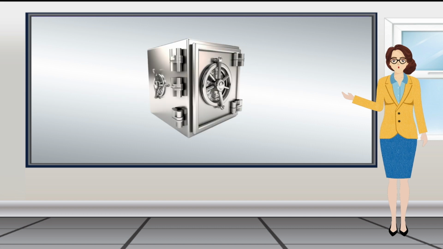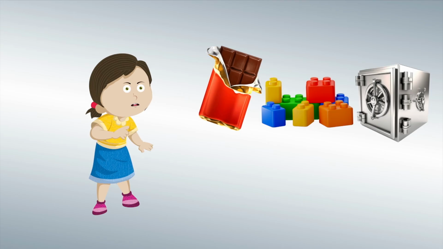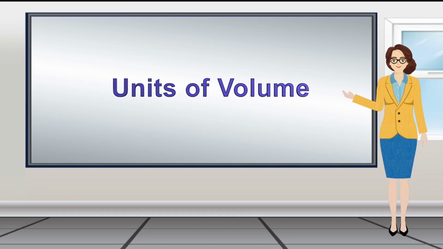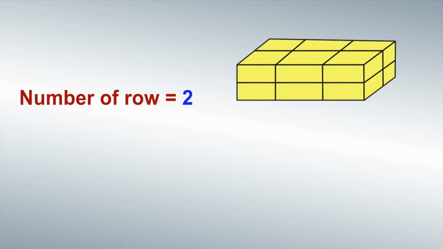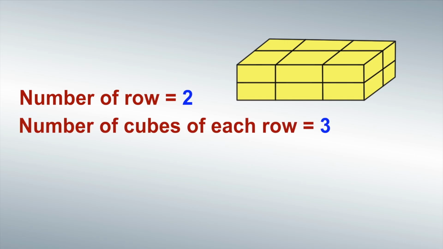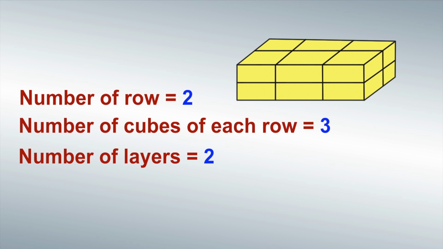And what about those sturdy old iron lockers? Their volume is measured in cubic meters or m cube. It's amazing how the units change depending on the scale of the object. Indeed, Bhumi. Now let's put our knowledge to the test. Imagine we have a structure consisting of 2 rows, each containing 3 cubes and 2 layers in total.